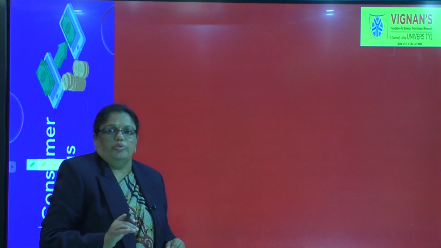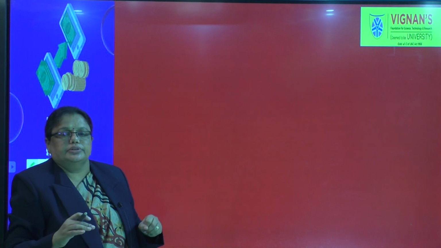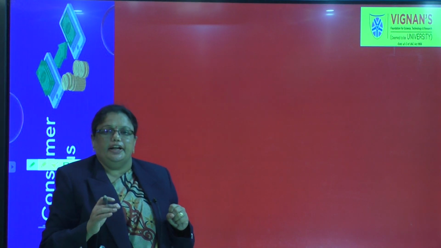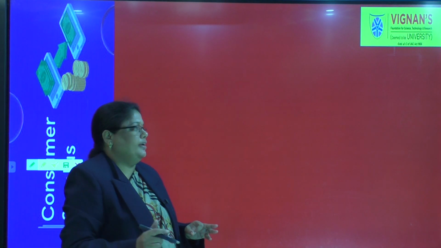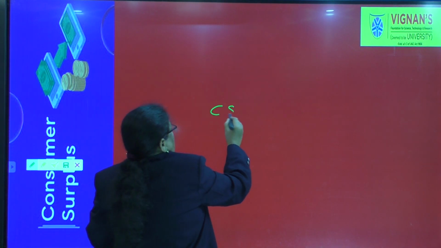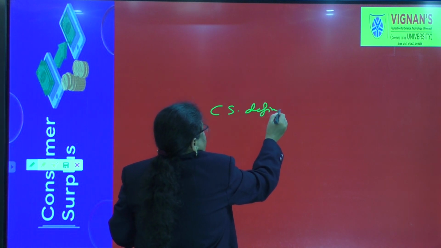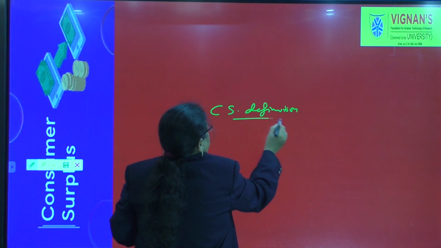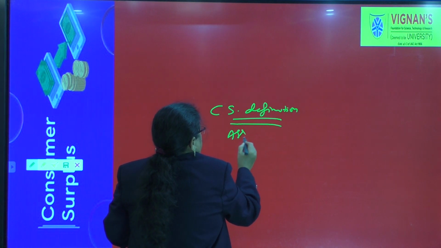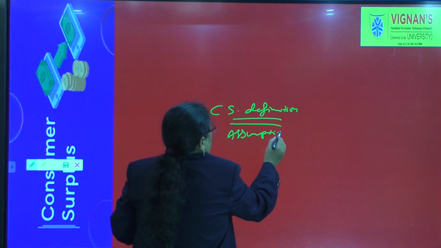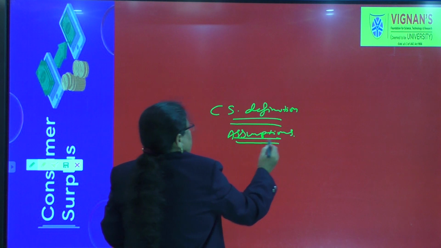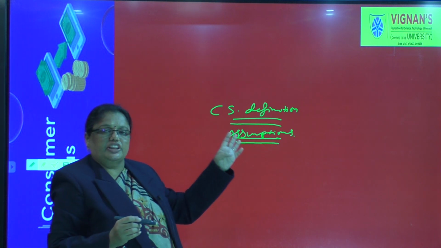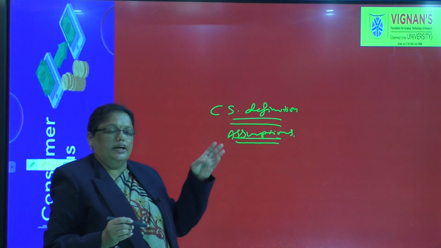Let me give a quick recap. First I explained the definition of consumer surplus. Later, the assumptions, followed by consumer surplus explained with the help of a table and graph.